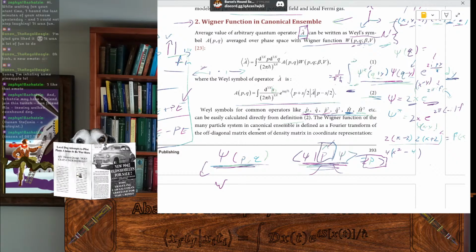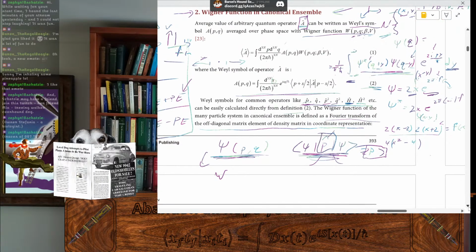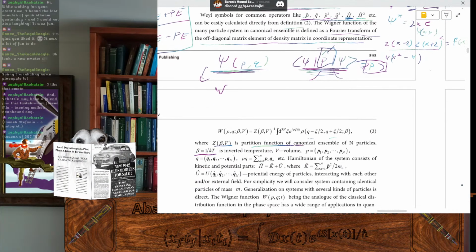The Wigner function of the many particle system in canonical ensemble is defined as a Fourier transform of the off-diagonal matrix elements of the density matrix in the coordinate representation. Well, let's just finish this sentence and then we'll look at what that is.